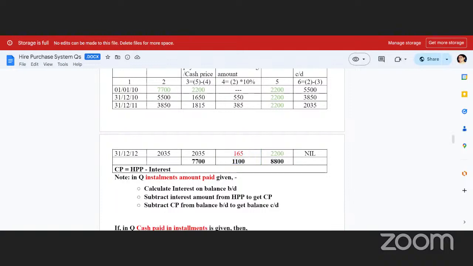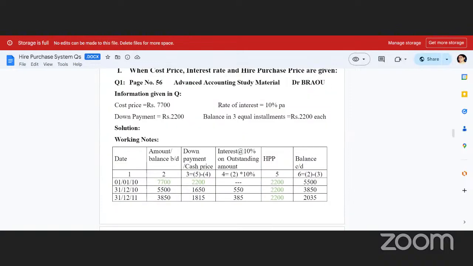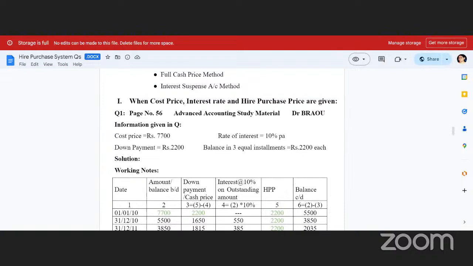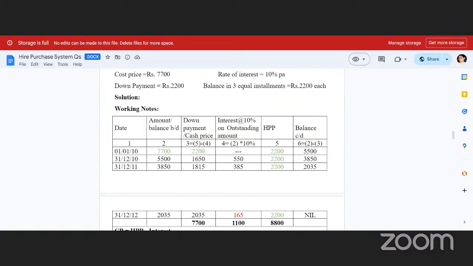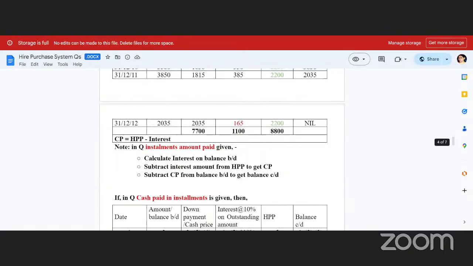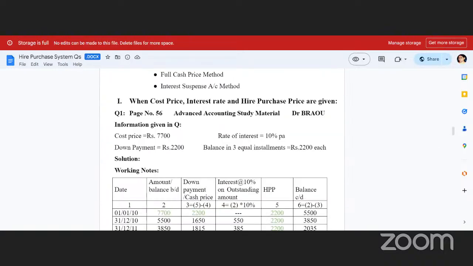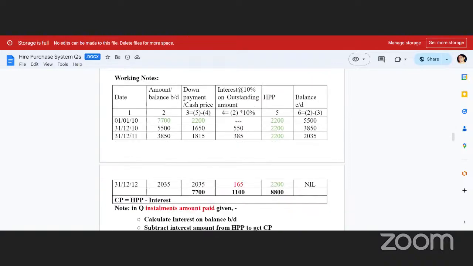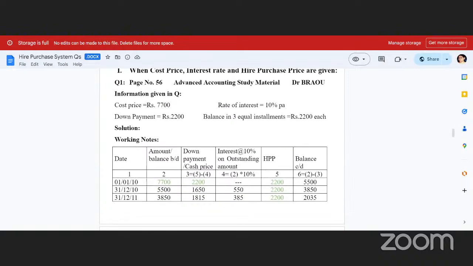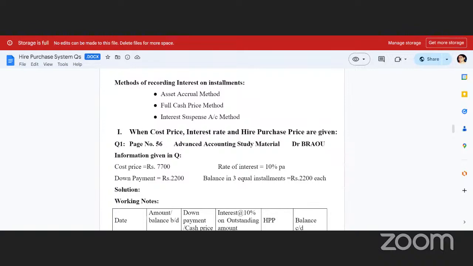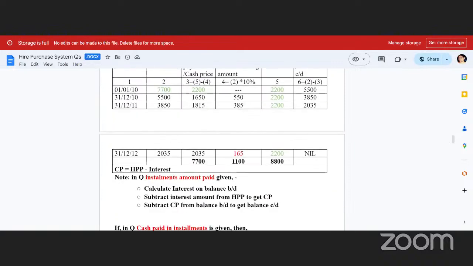So with everything, you can understand whether you did it correctly or not from the question to your solution. When you do this table, you should be able to understand that the cost price you have taken here should equal the cost price given in the question, and the hire purchase price should equal the down payment plus the total amount paid in the installments, and the interest is the difference between cost price and hire purchase price.